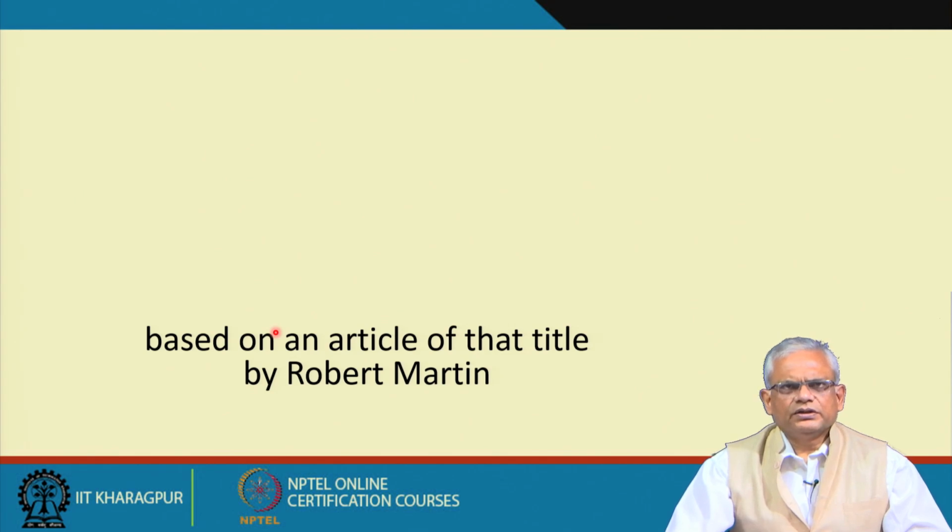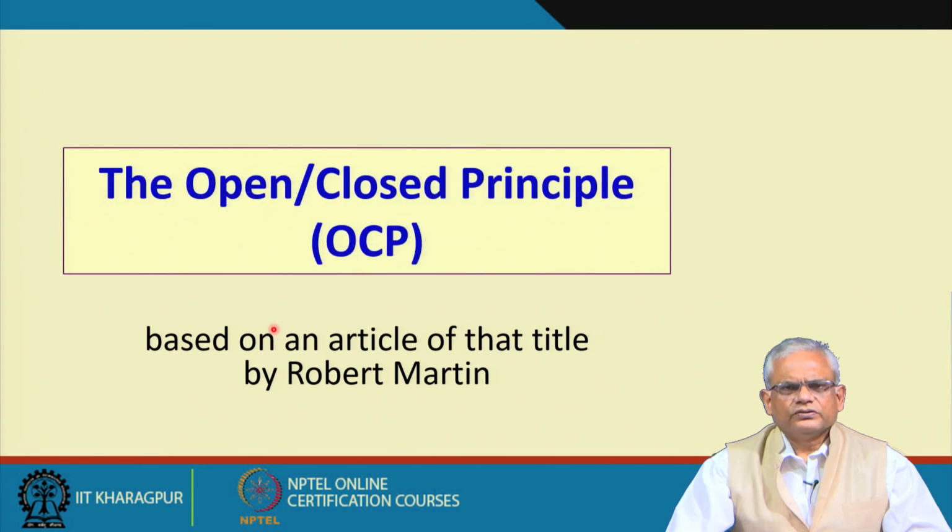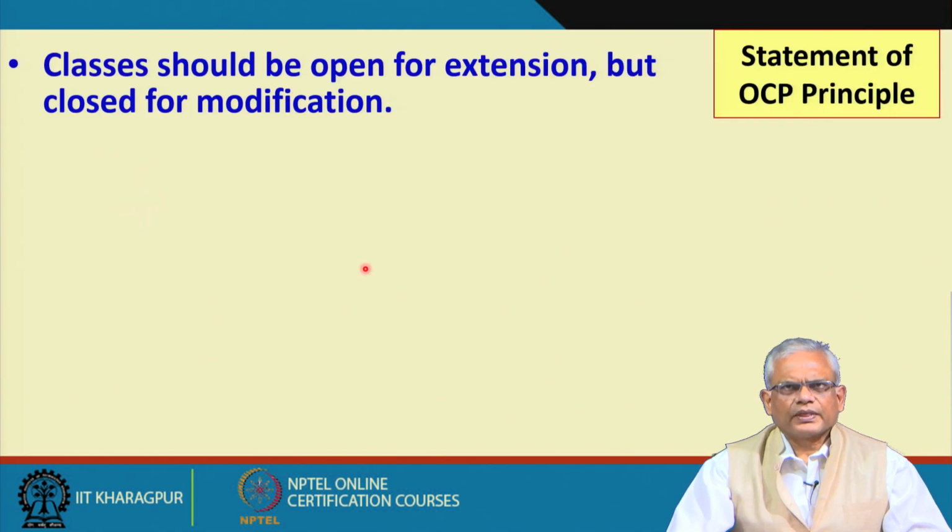The first principle is based on an article by Robert Martin, and is called OCP, the open closed principle. The statement of this principle is that classes should be open for extension but closed for modification.